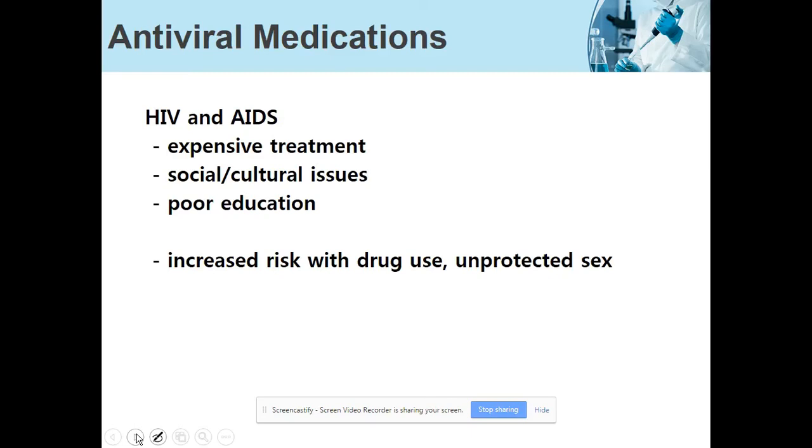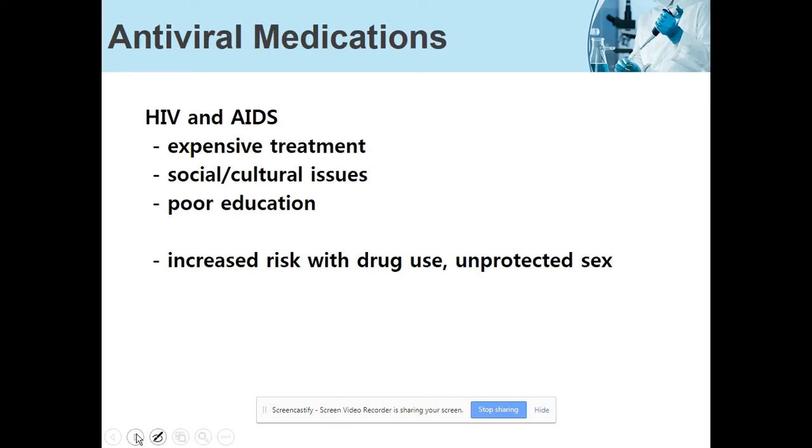And then of course, when we look at those poorer nations on the planet, people who are likely to get HIV are also usually not very well educated. They don't know that HIV is a thing. They don't know that AIDS is a thing. They don't know how to prevent it. They can't afford to prevent passing the disease.